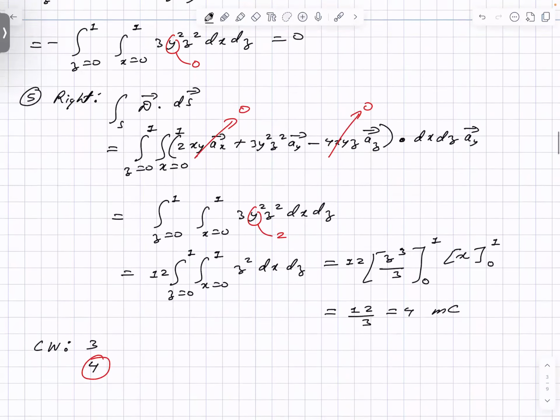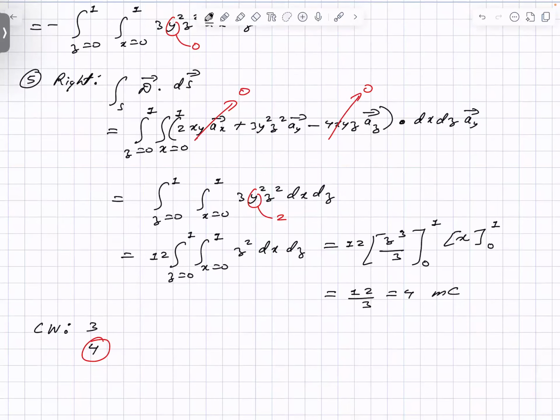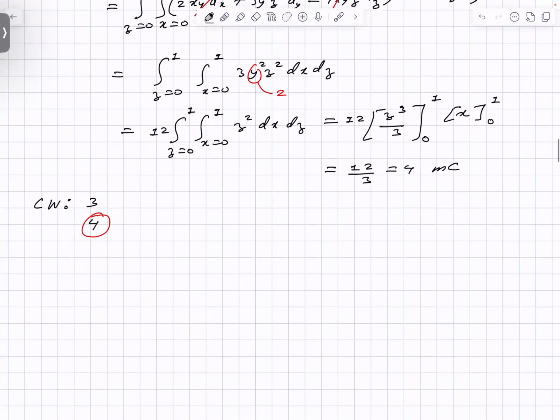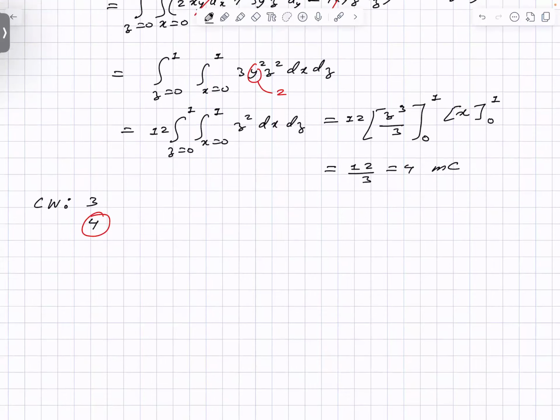And now that we know how much flux is coming out of each of the 6 surfaces, we can also determine the total flux coming out of this box, right? Now we'll change this notation in the integral. So the total flux, we'll write it as this. Total flux equals, so we will use this symbol, D dot ds.